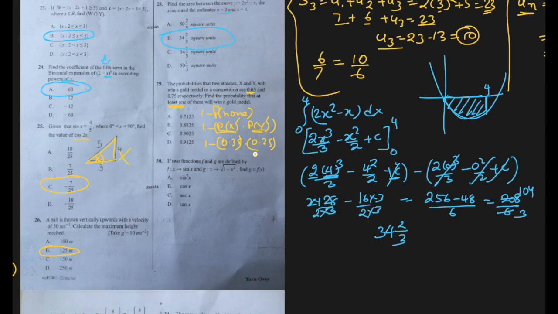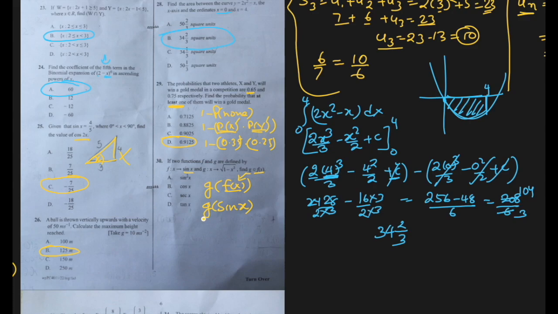What I got was 0.9125. Number 30. If two functions f and g are like these, what is g of f(x)? g of f(x) can also be written as g inside, f(x) inside g, right? This is how we can interpret g of f(x). Now substitute f(x) by its value. f(x) is sin x, so it becomes g of sin x.